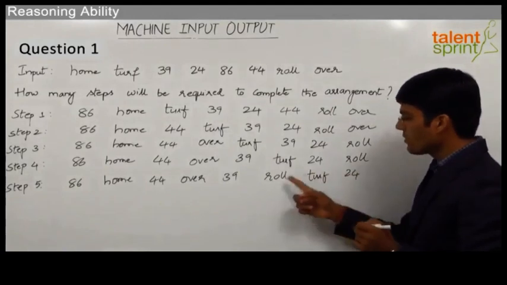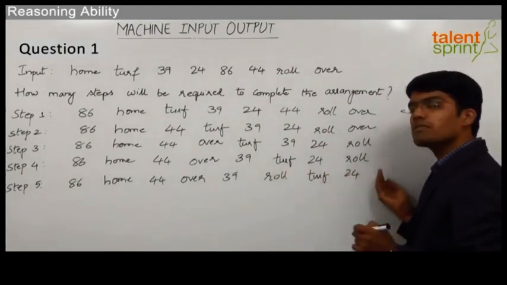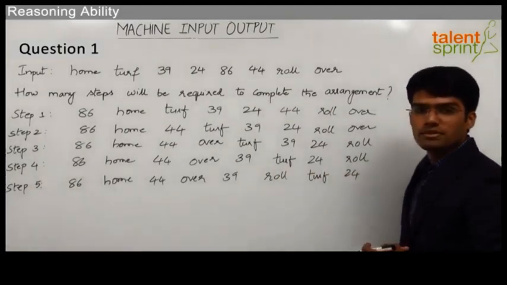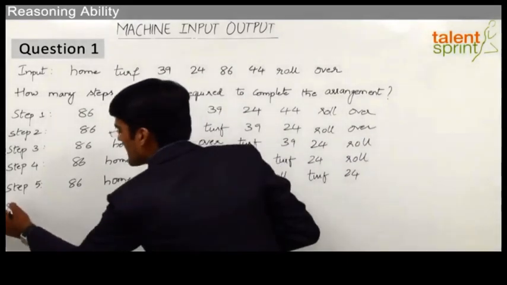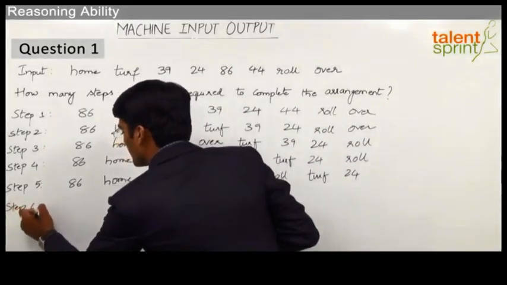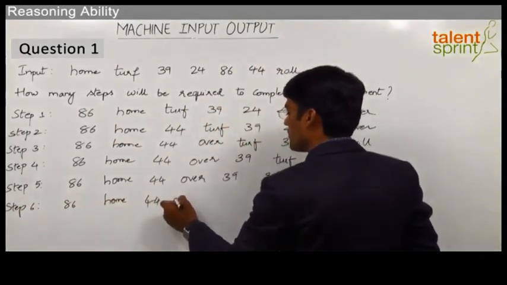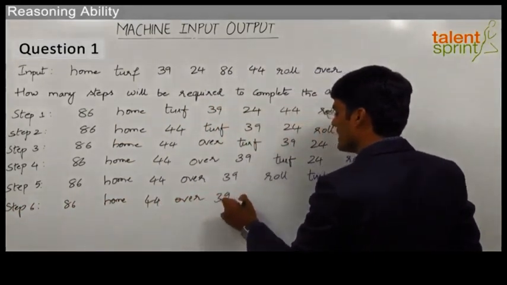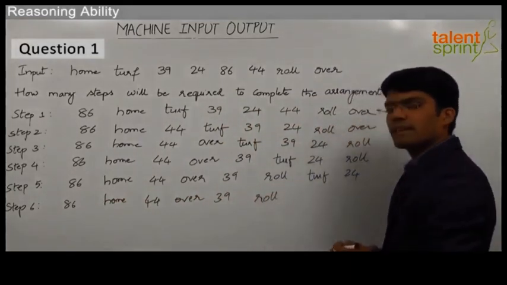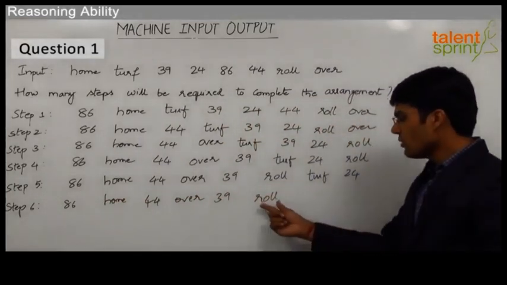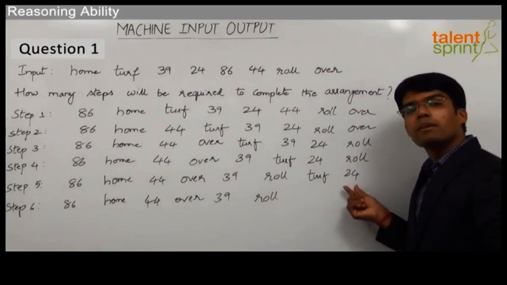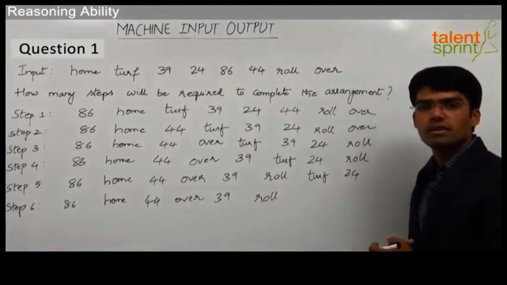That is, we have got roll in this place and the remaining 2 have been just pushed to the next 2 positions. Now, in step 6, we have 86, home, 44, over, 39 and roll at their correct places. Now, after roll, we need to have a number, and that number has to be 24, as it is the only number left out.